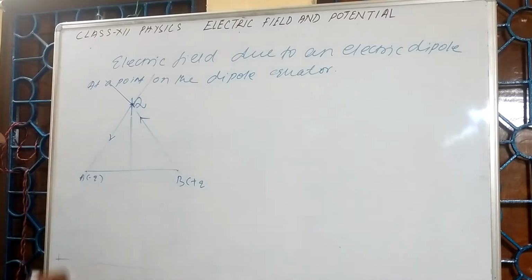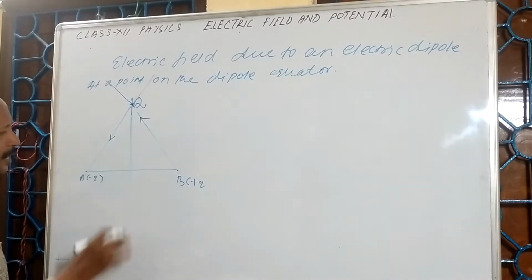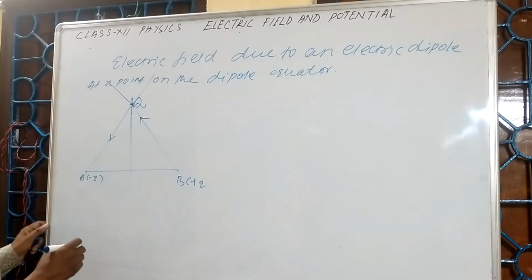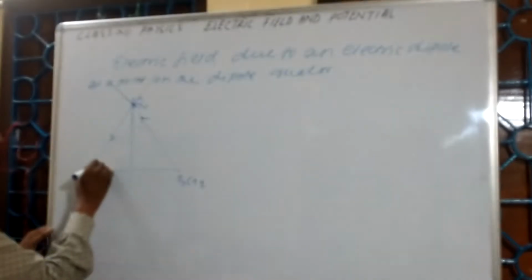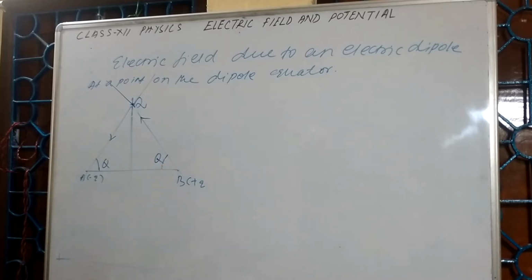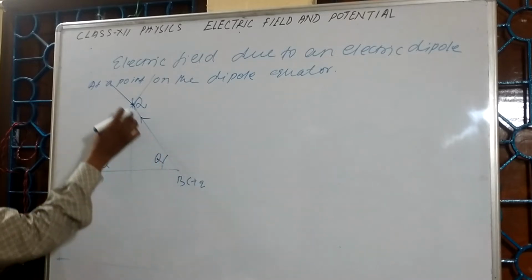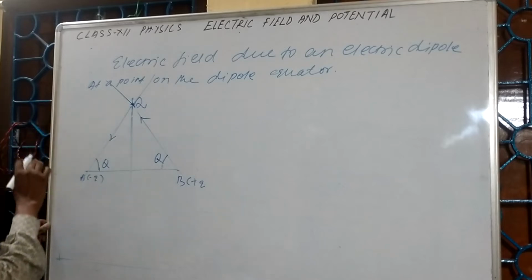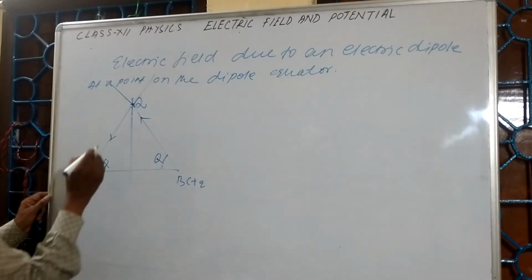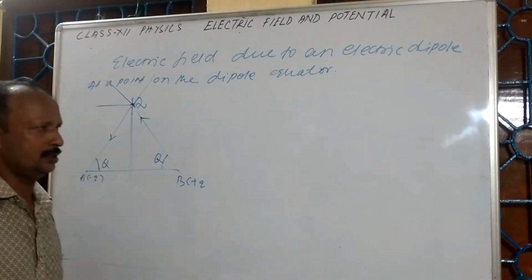I have taken a point Q, okay. Now this AQ and BQ both are equal. You can consider this is an isosceles triangle. Now in this case, this angle I can take it theta, this angle I can take it theta. Listen carefully. One force is acting in this direction, one force is acting in this direction, okay. So definitely the resultant force will be like this. Now let us see.